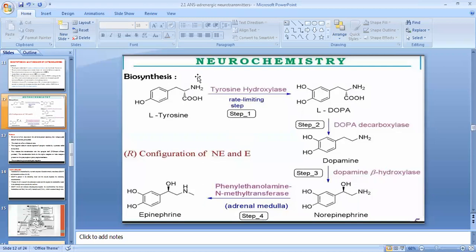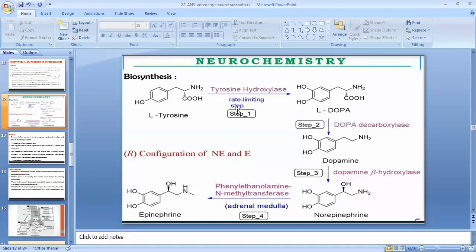Whatever conversions take place during this biosynthesis, this step is rate limiting. How much dopamine or how many neurotransmitters are formed depends totally on this step. That's why this step is the rate limiting step for the biosynthesis of catecholamines.